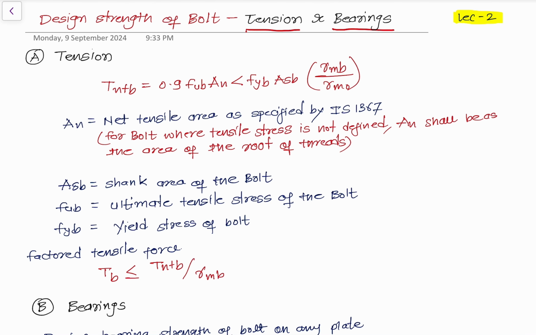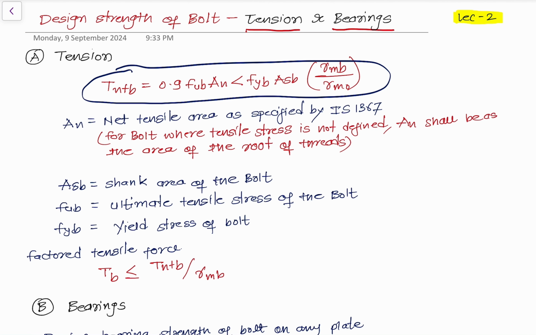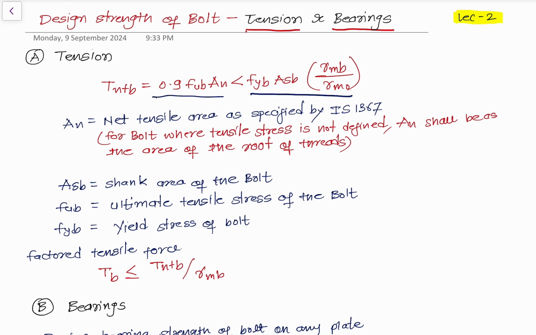So this is the total formula. In this formula there are two conditions that we have identified: 0.9 FUB An is the first condition and this is the other condition. So this formula works condition-wise.